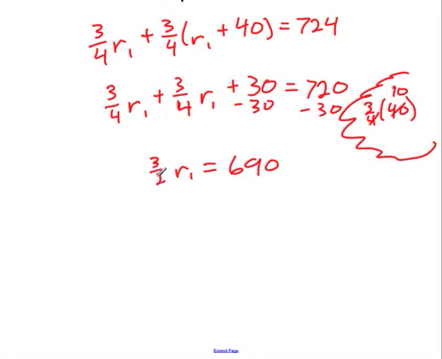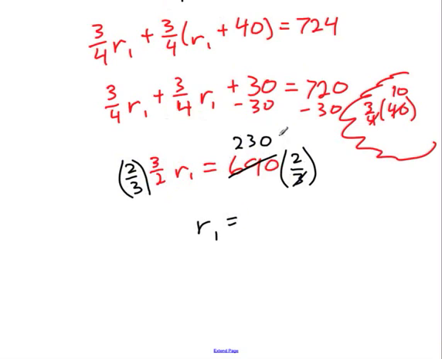Now, instead of multiplying both sides by 2 and then dividing both sides by 3, I'm just going to multiply by the reciprocal, which is 2/3. 690 is divisible by 3, and 6 is divisible by 3 too, so it actually makes things really easy to divide that out. So then you have r1 equals 230 times 2, which is going to be 460.